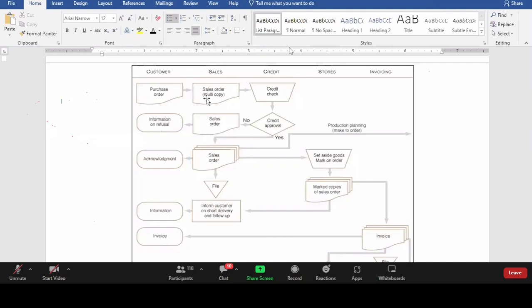In big shops, orders are recorded by the sales department, so this document is the sales order. Now, if the sales are on credit, then there is a credit check. These two are documents. This one is a credit check.